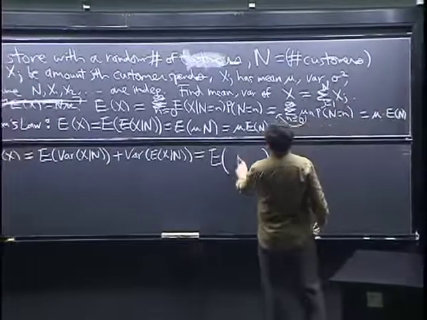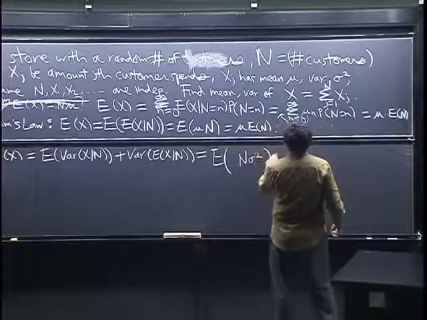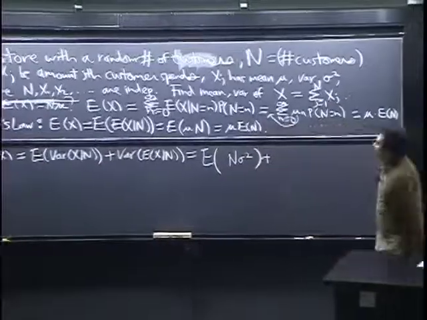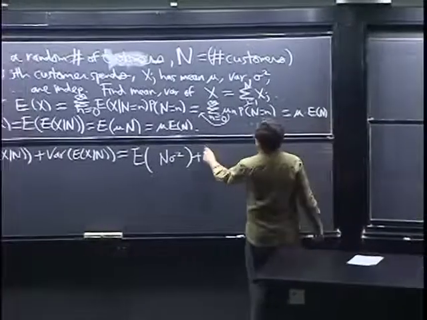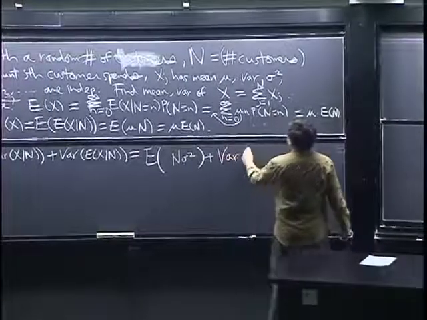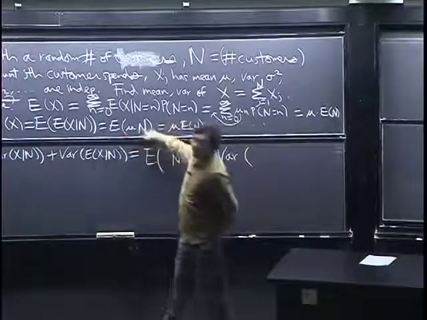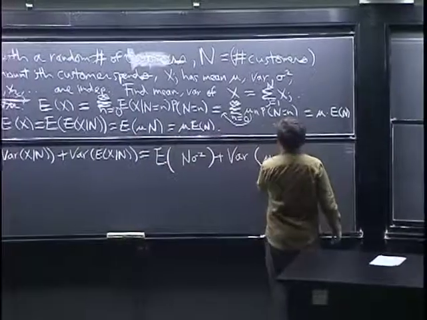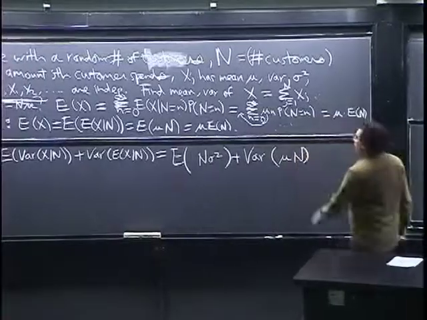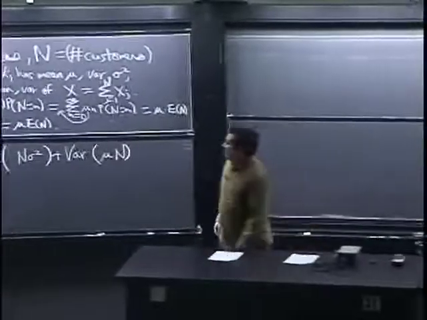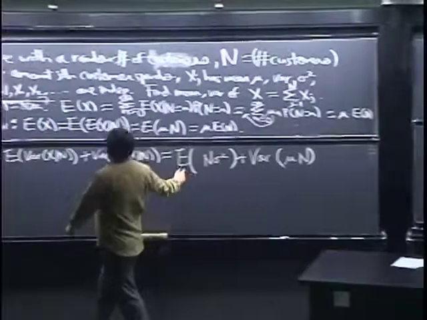So that's just n sigma squared plus, we need the variance of the conditional expectation, but we already found that the conditional expectation, E of x given n, is mu times n, as above. Okay, and then to simplify that a little bit, we can just take out the sigma squared.